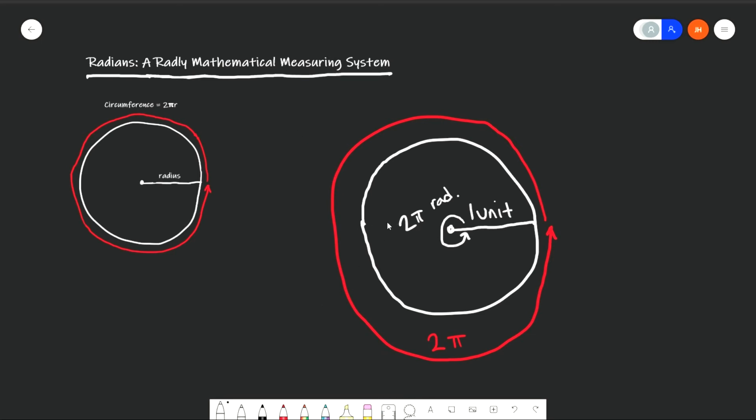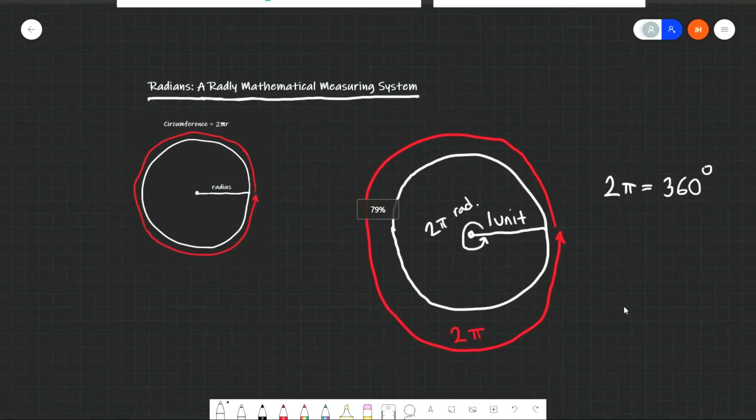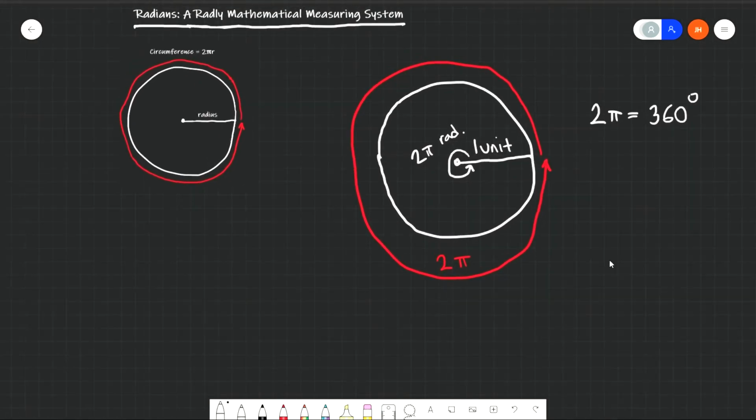Now, if one full revolution is 2 pi radians, then that means that 2 pi is equal to 360 degrees, right? Now, what I'd like to do is take a look at some more portions of the circle, looking at how many radians is this sector.